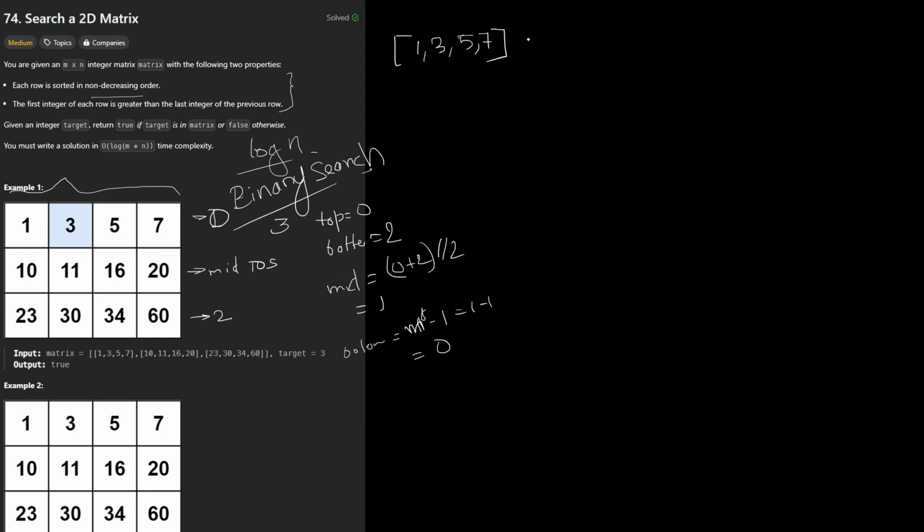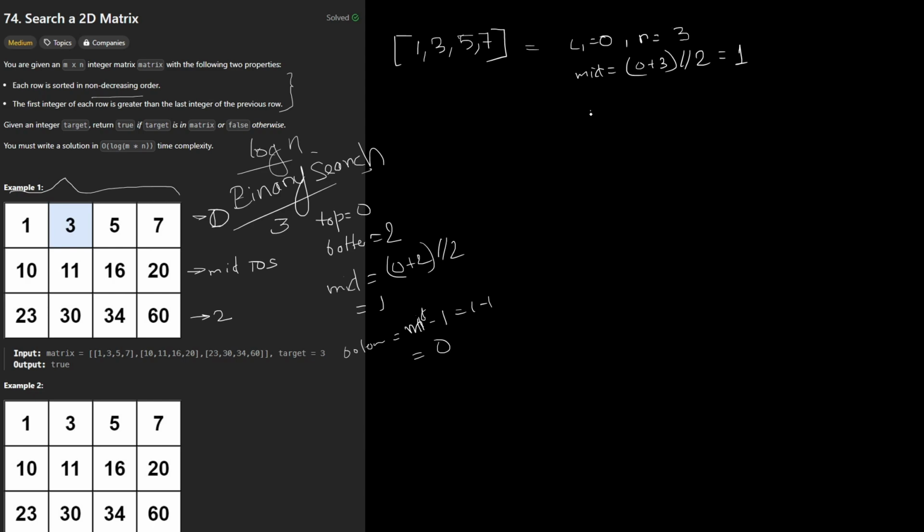elements. So our basic binary search, we already know it. Here I can say our left would be 0 and right would be, in this case, 3, and our mid is going to be 0 plus 3 divided by 2, which would be around 1.